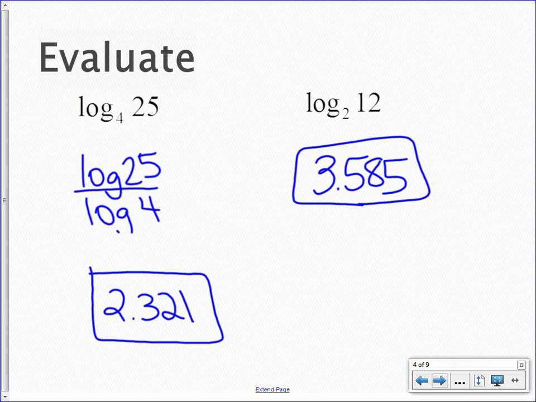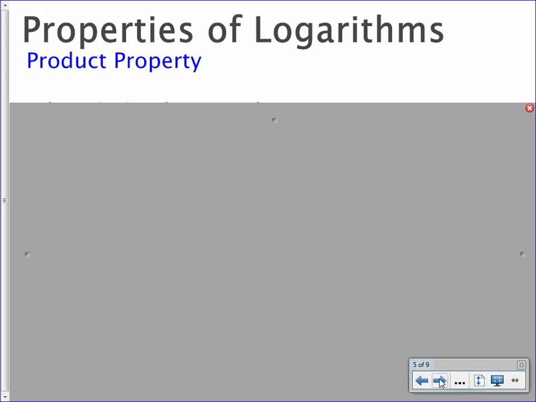Alright. Now let's talk about the properties of logarithms. Now remember, logarithms are exponents. That's what they stand for. So let me ask you this. If we have two numbers, x squared times x cubed, if we combine those, what do we do with the exponents?